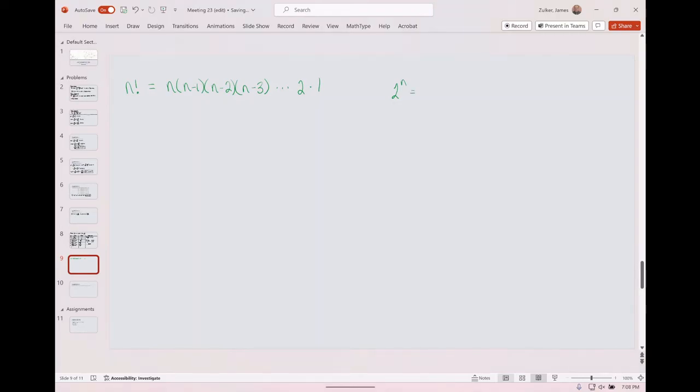And 2 to the n is 2 times itself n times. Notice n factorial also has n terms.